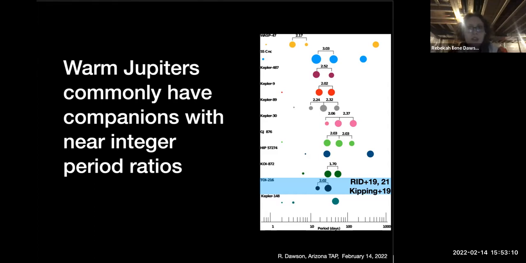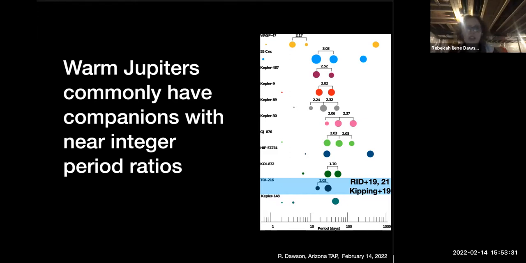This is every warm or hot Jupiter that has another detected planet in the system. So you can see that WASP 47 hot Jupiter that I mentioned at the top. Most of the other planets on the plot are warm Jupiters, so they have periods between 10 and 100 days.